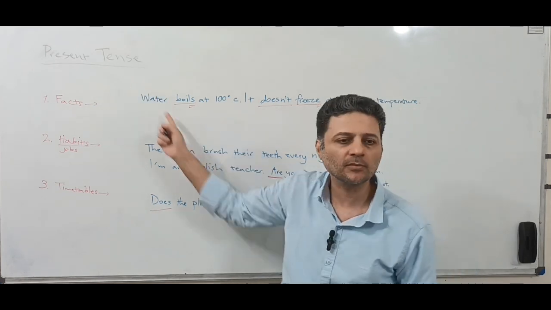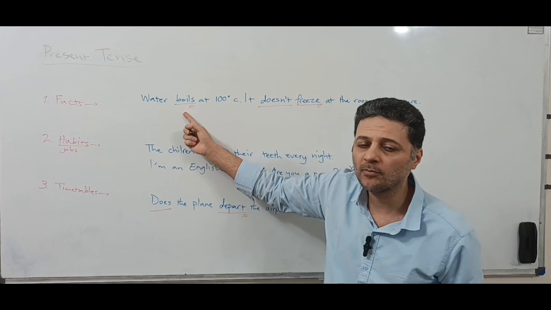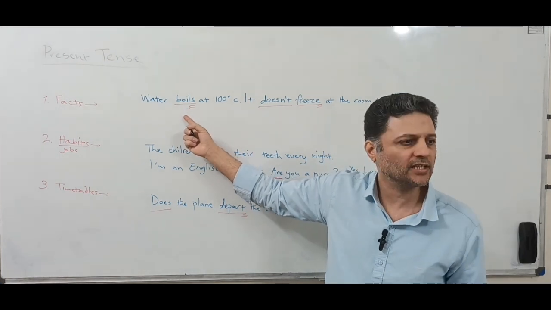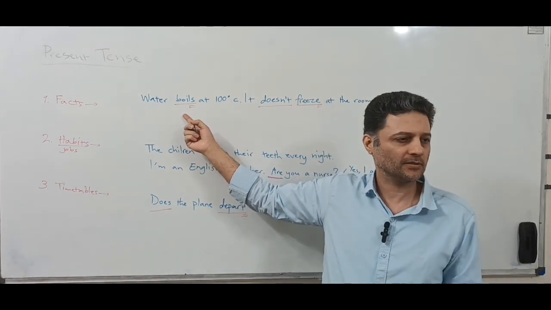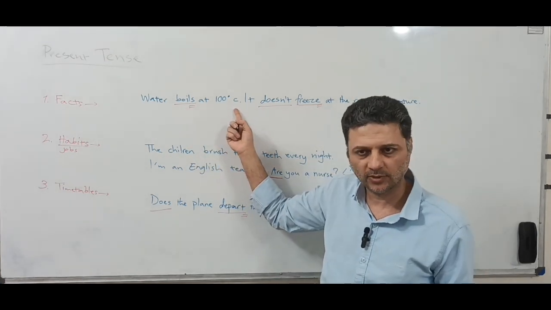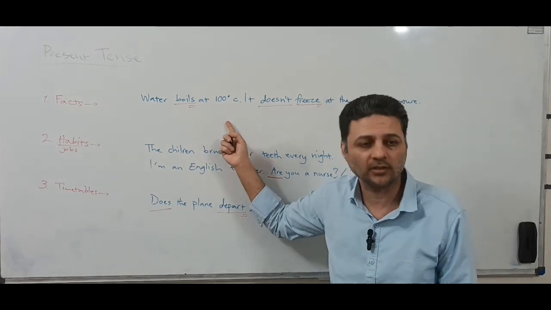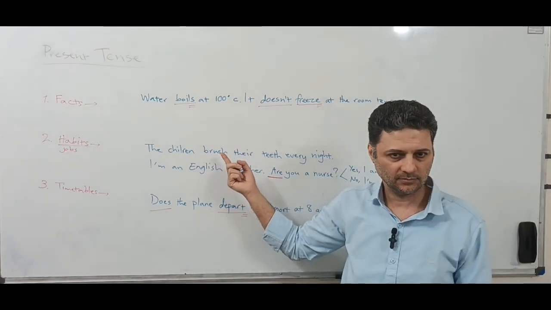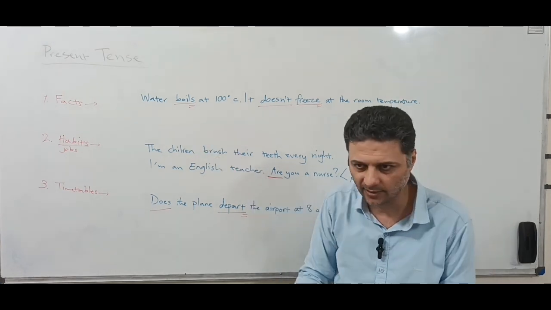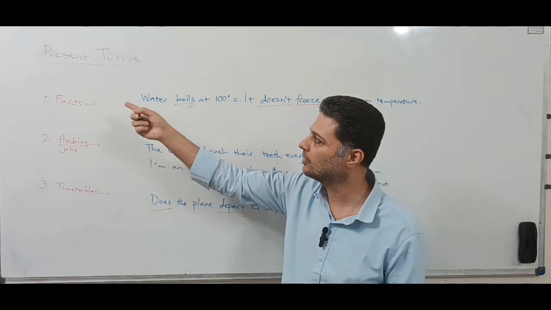We only use simple present tense, whether in an affirmative, positive form, or negative form, or questions. So, water boils at 100 degrees centigrade. Water doesn't boil at, for example, 95 degrees centigrade, right? It doesn't boil. Still, I use present tense for facts.